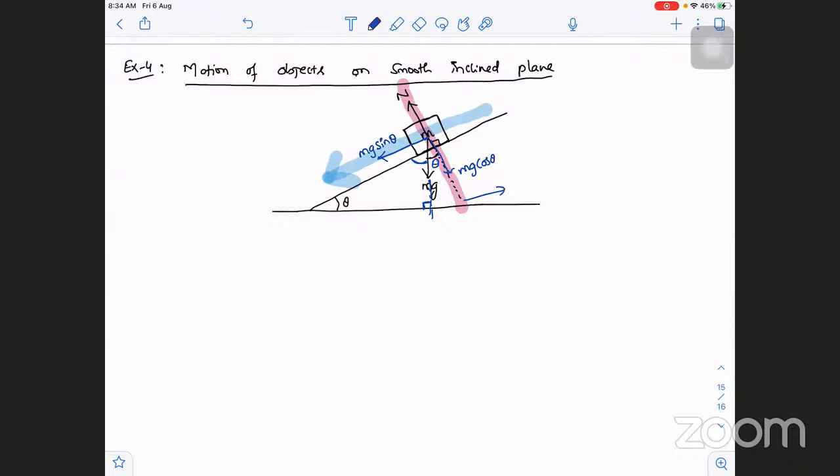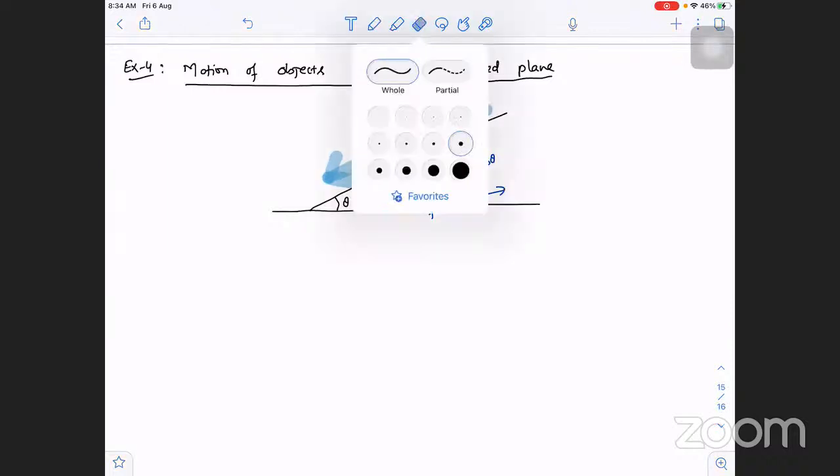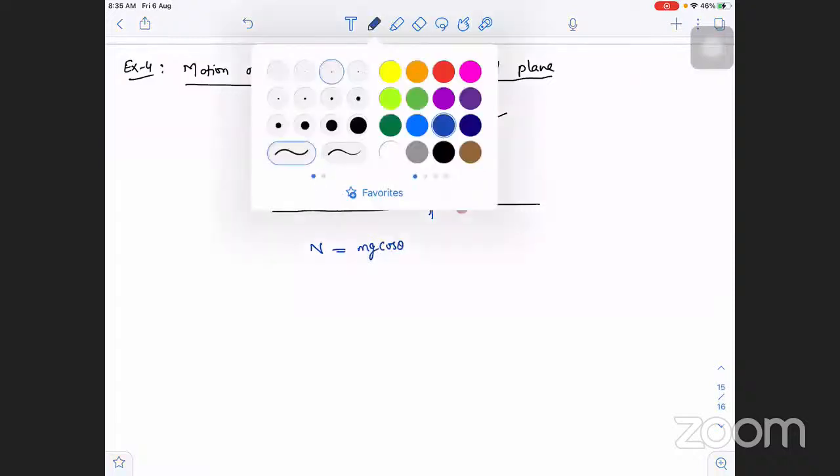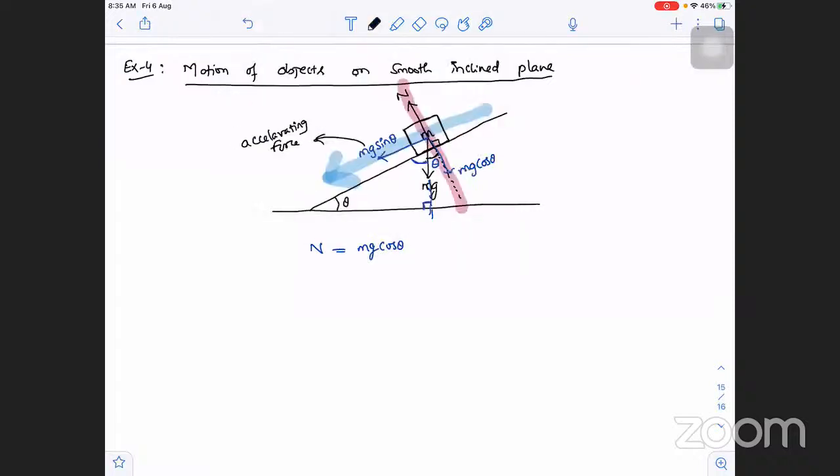So then I can write down that the normal reaction equals mg cos theta. Then what is the accelerating force? Mg sin theta will be the accelerating force.